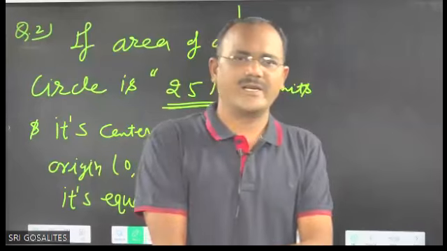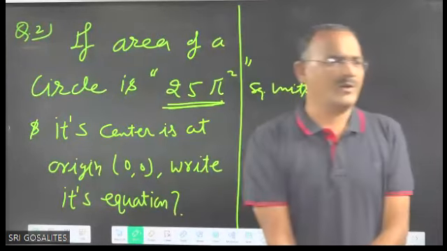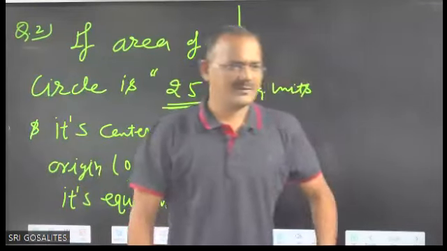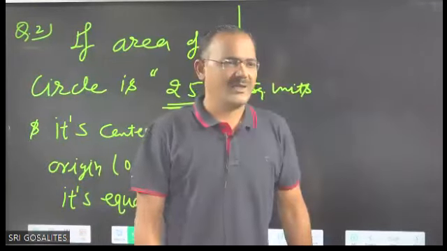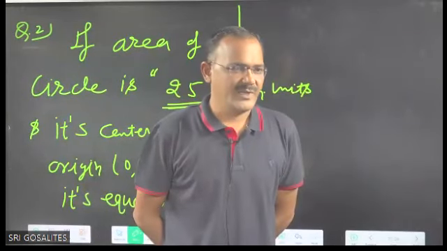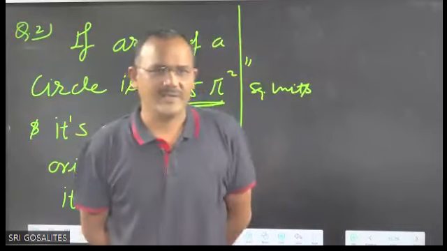Circle area क्या होता है? I will assist you. You know the formula for area of the circle? Come on, text and tell. Area of a circle is pi r square. Good. So now that is the hint for you.